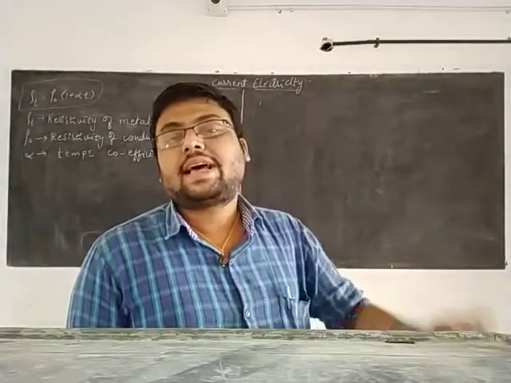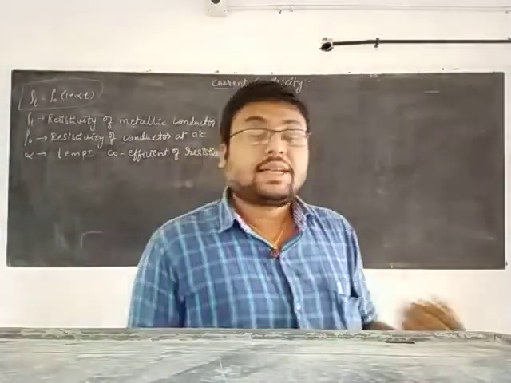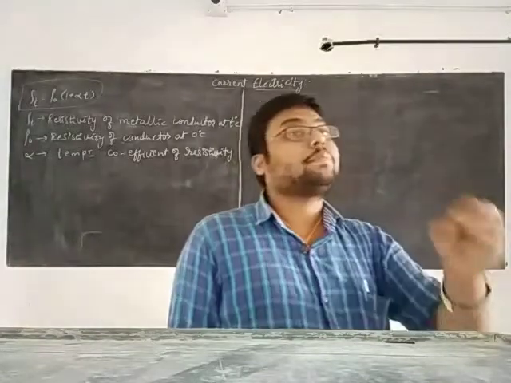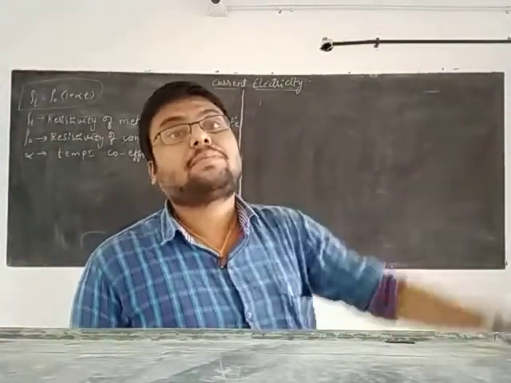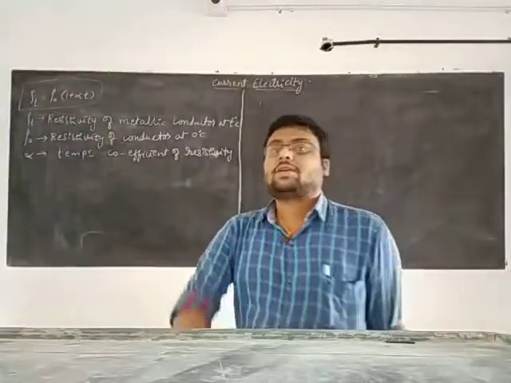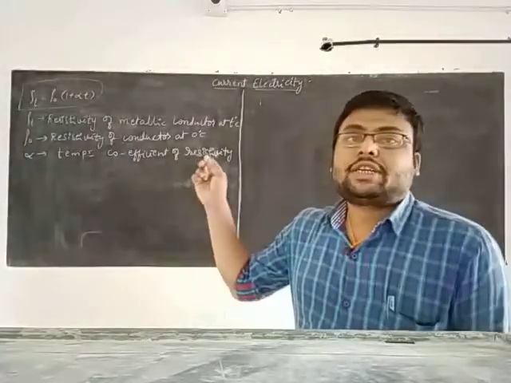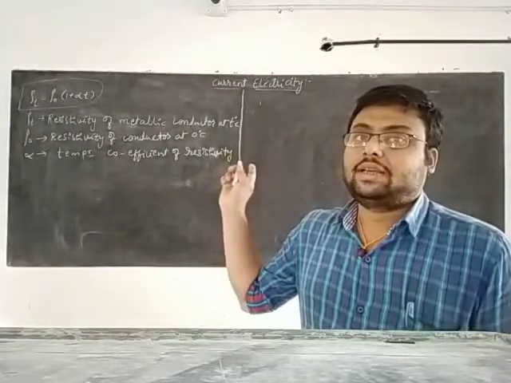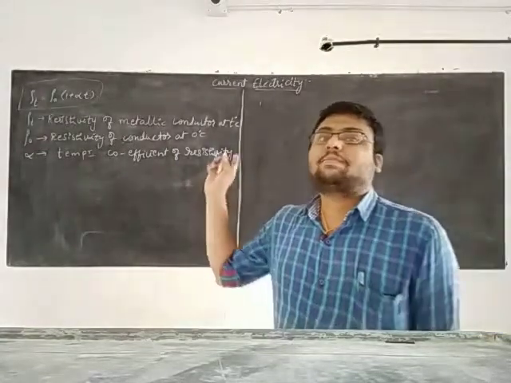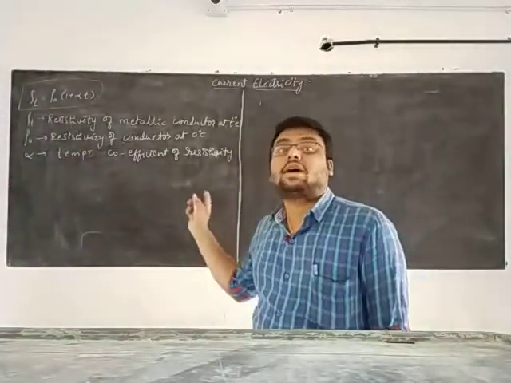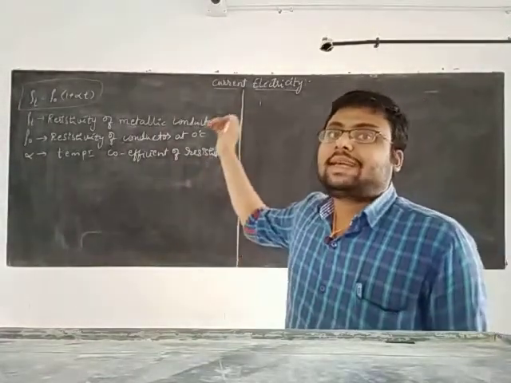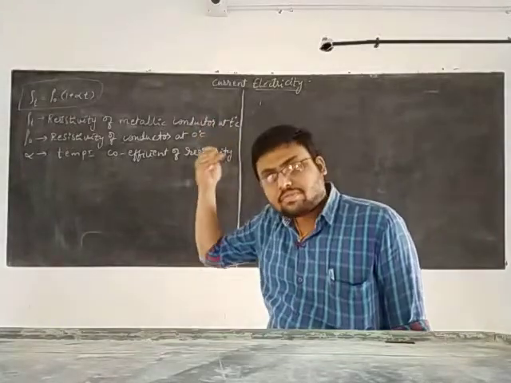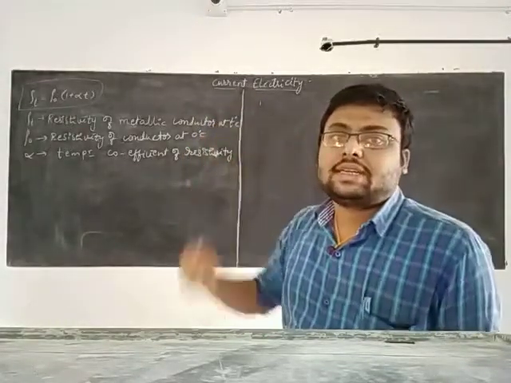That means in a semiconductor the resistivity is inversely proportional to temperature, but in a metallic conductor the resistivity is directly proportional to temperature. That's why the temperature coefficient of resistivity is positive for metals and alloys and negative for semiconductors.